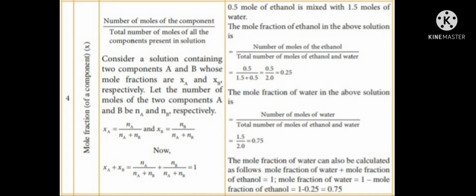Hence Xa plus Xb is equal to Na by Na plus Nb plus Nb by Na plus Nb. After simplification, we will get the value 1. Therefore, Xa plus Xb is equal to 1, or otherwise the mole fraction of A component plus mole fraction of B component is equal to 1.